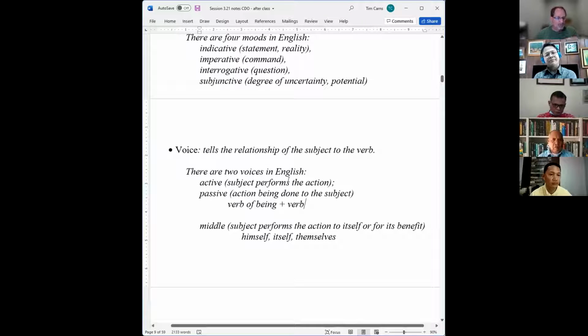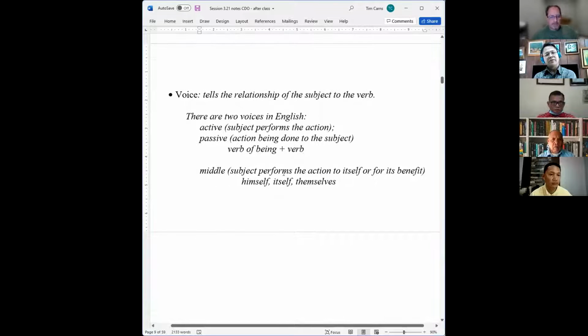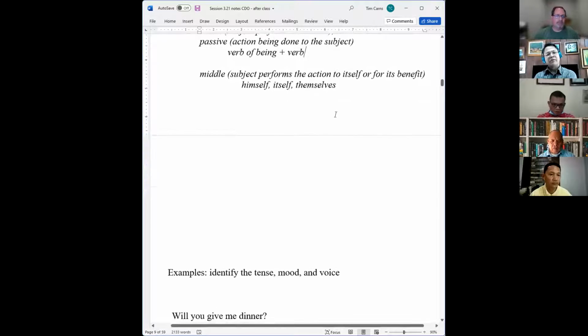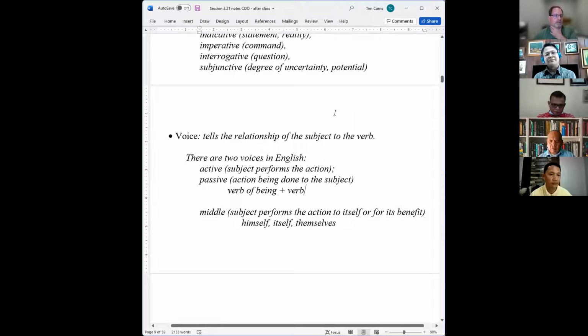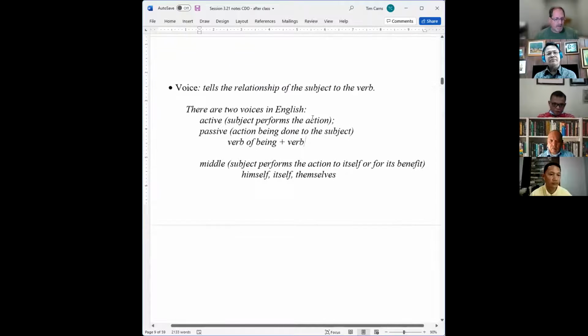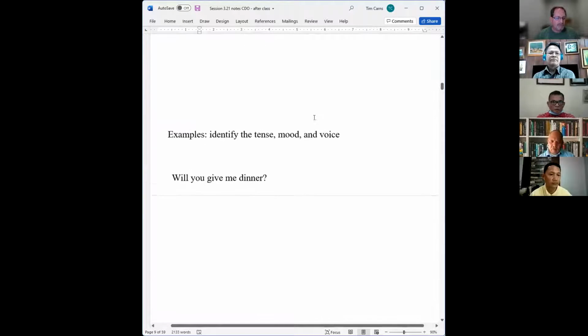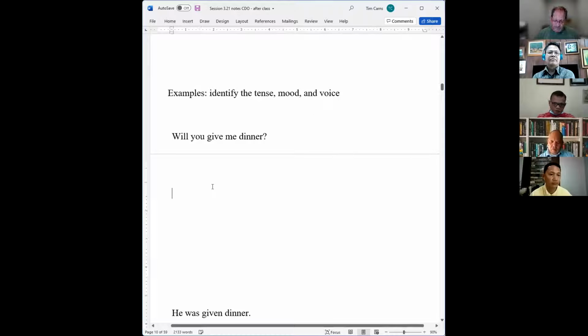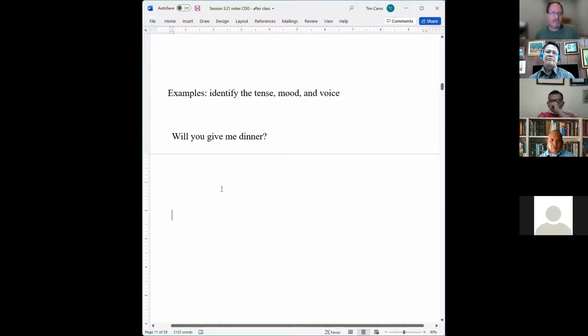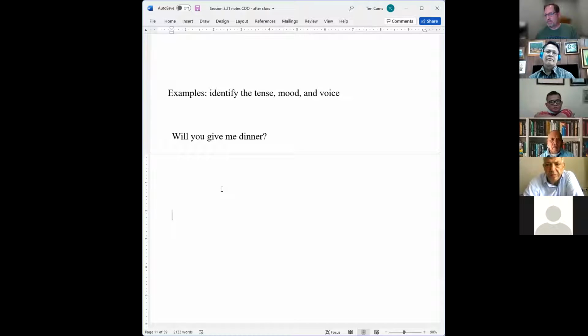Okay, and we'll do a couple more examples, and then we'll get to the next textual observation topic. All right, so let's do a few examples together. We did this last time, but I came up with a few more sentences where I'm going to call on you guys, and then just identify the verb, and then tell me what is the tense and the mood and the voice of that verb.